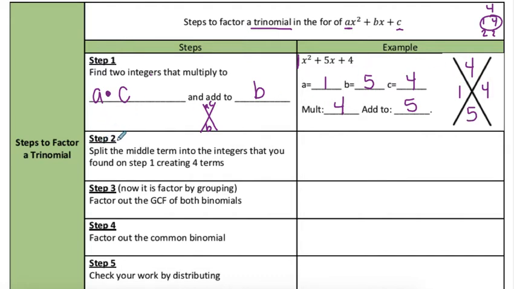All right, step 2. Once we found that, it says split the middle term into the integers that you found in step 1, creating our 4 terms. So I'm going to take this x squared plus 5x plus 4, and I'm going to split the middle term.